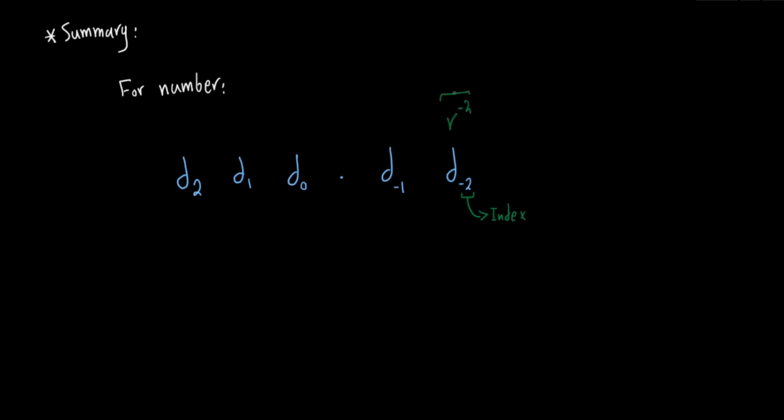Let's summarize what we've learned so far. Each digit in any number has an index, which is the order of that digit in the number, a positional multiplier, which equals the radix of the number to the power of the index, and a positional value, which equals the positional multiplier multiplied by the digit itself.